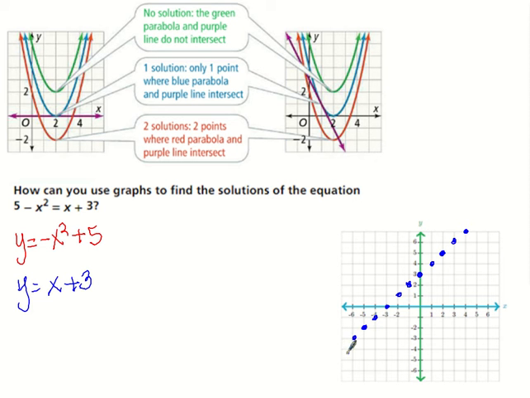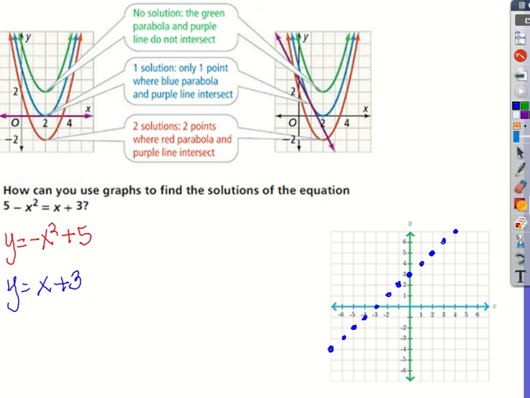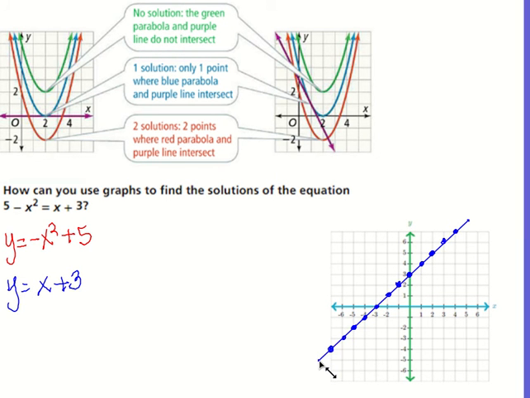I'm not doing a very good job connecting these, so I'm going to cheat and get a line, but I'm going to make it blue so that it's still the same color. All right, so there is my linear function.